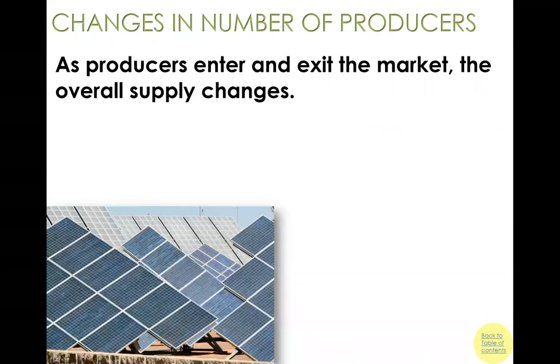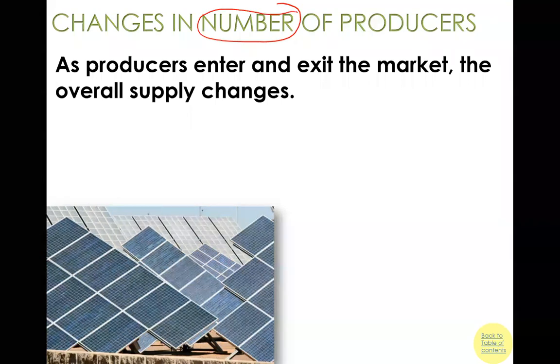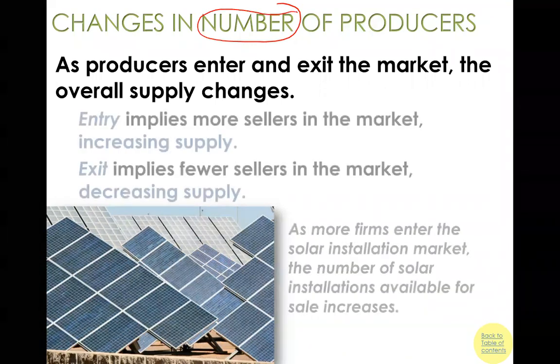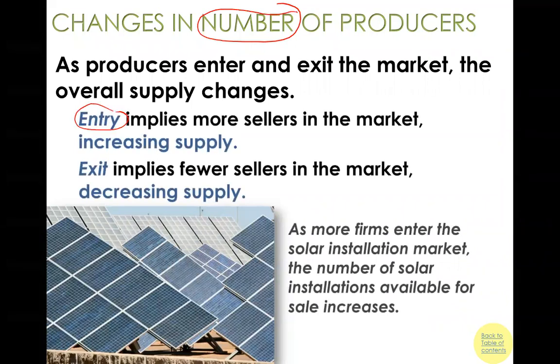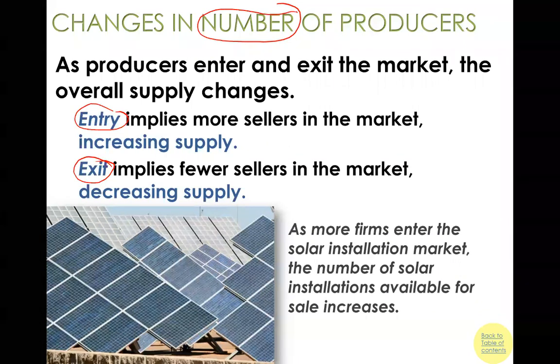All right, the last factor that can cause a change in supply is a change in the number of producers. As producers enter and exit the market, the overall supply will change. Now we need to differentiate between entry and exit. Entry means there are more sellers or suppliers in the market. That's going to increase supply.